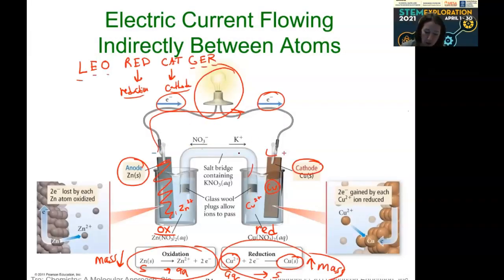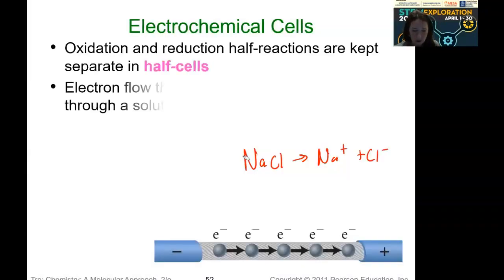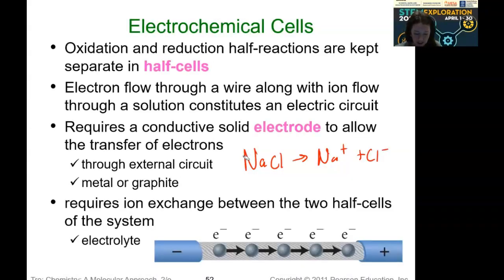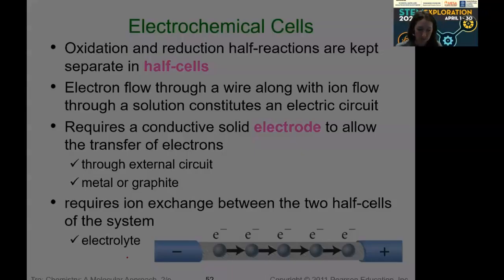Our salt bridge contains an electrolyte to keep the two solutions neutral, otherwise the reaction stops. So these are our electrochemical cells. We've got anodes, cathodes, we have to connect it with some way the electrons can transfer, and we also need to have a salt bridge that can keep both of the solutions electrically neutral.